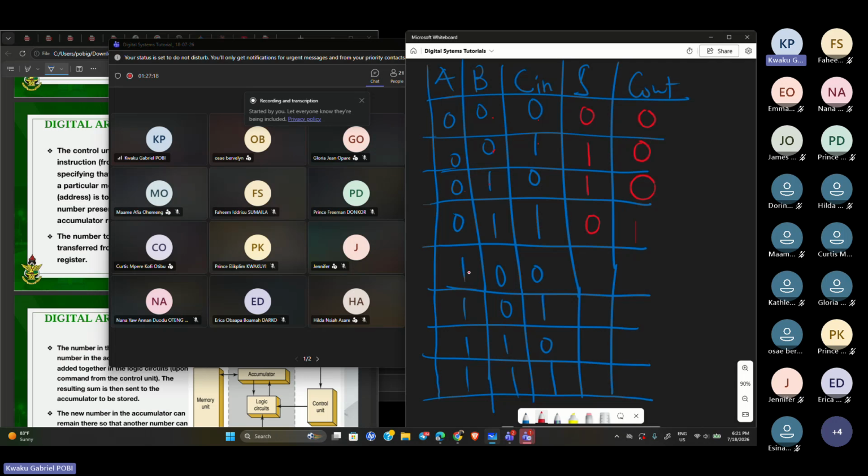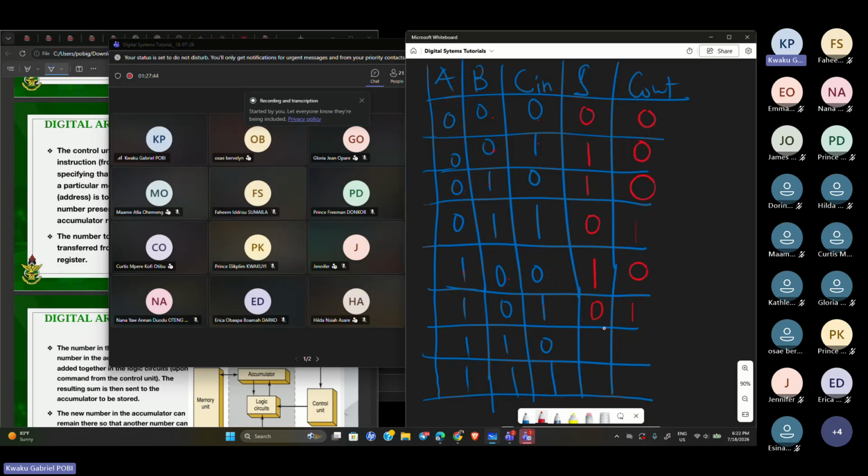Here 1 plus 0 is 1, and then 1 plus 0 is still 1. So the sum is 1, the carry is 0. Then when you do this part, you get 1 plus 0, which is 1, and then 1 plus 1, which is 2. So 2 becomes 0, carry 1, right?